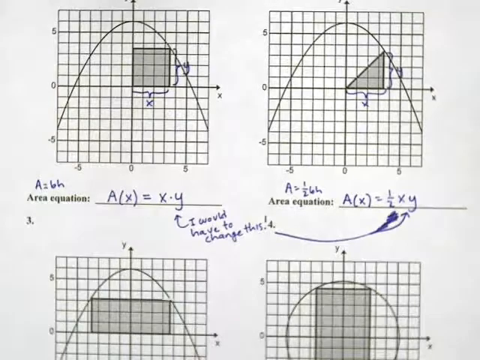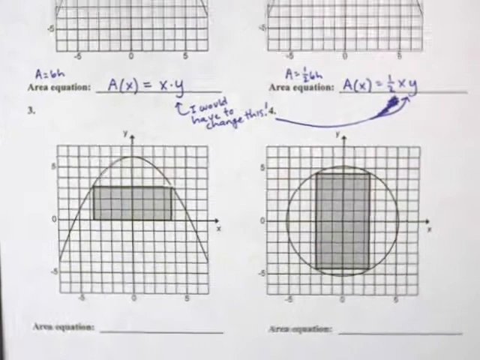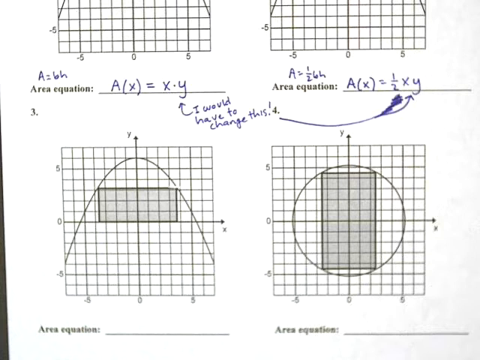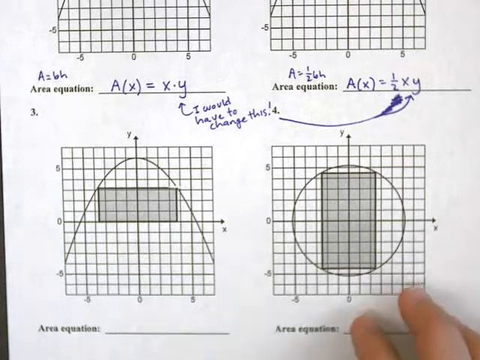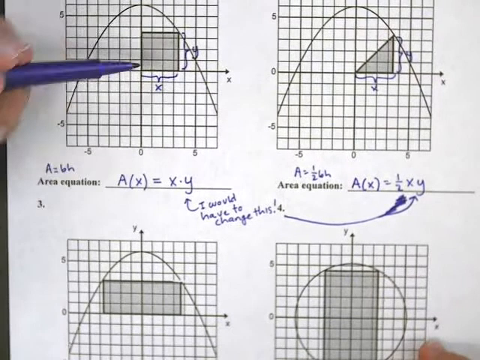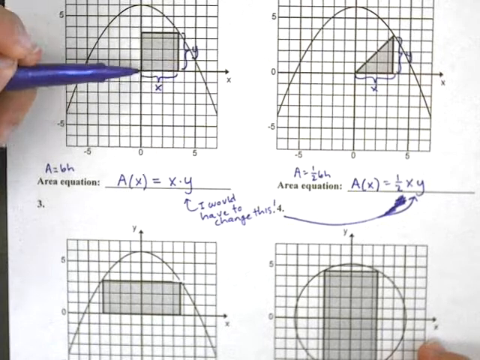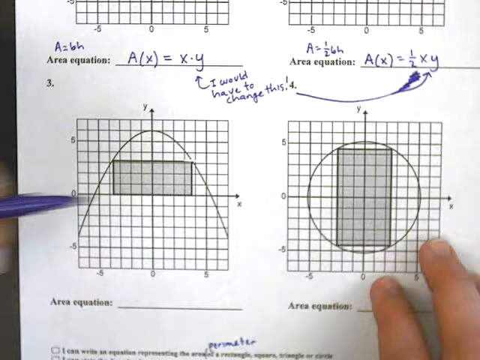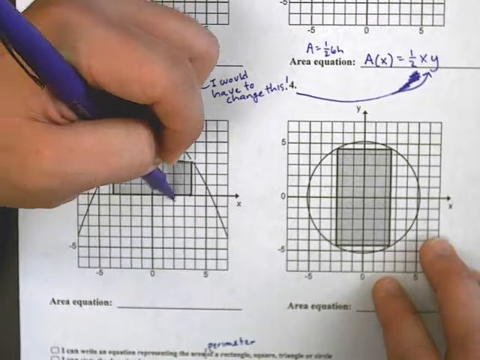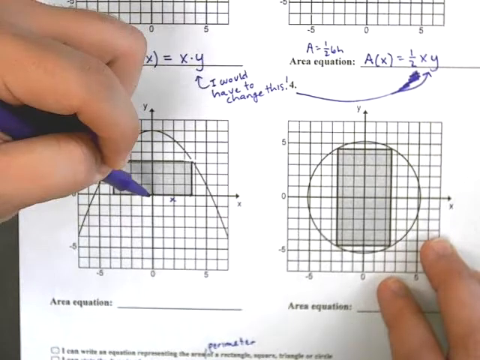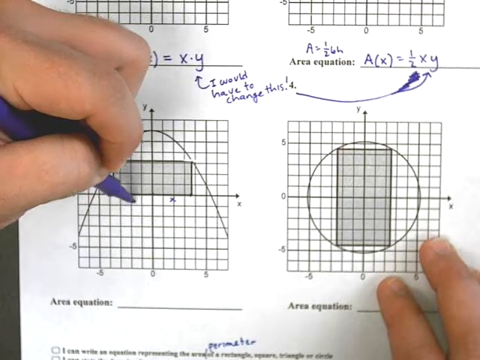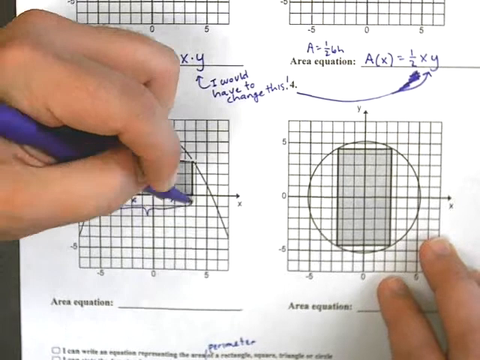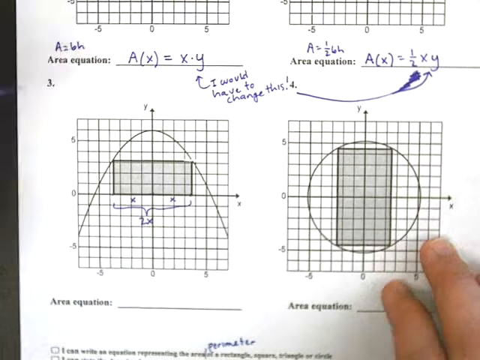When we check these other two, these are similar to what we did in the first page of this video. This is a little different. Normally, when I'm just in quadrant 1, my base is just x. When I look at number 3, from here to here might be x, but from here to here is also x, so my total base is 2x.